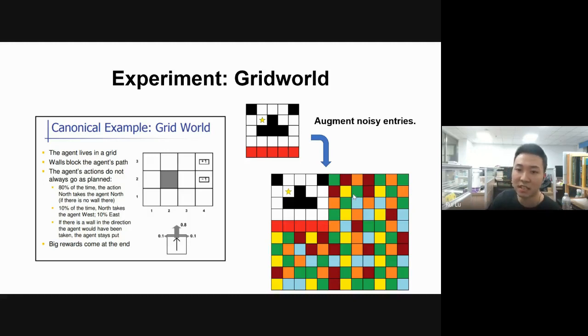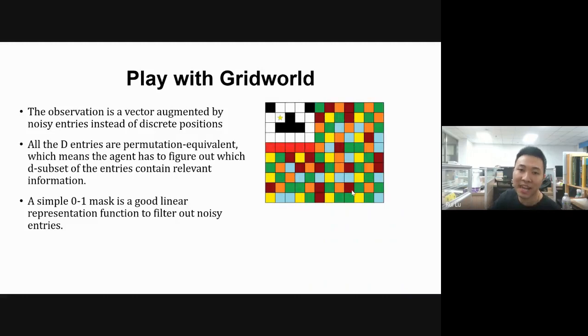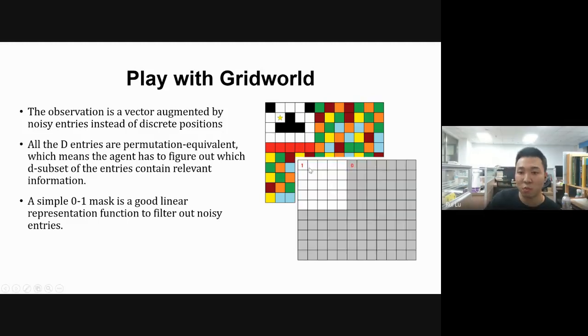So the agent needs to figure out which subset of these entries actually has meaning, the meaning of that one hot vector depicting where the agent is. But if you have a good representation, for example this one narrow mask, and then take the product between these two, you automatically filter out all these noisy entries. And then solving this MDP is quite simple, because now the input space is just a one hot vector showing where the agent is.